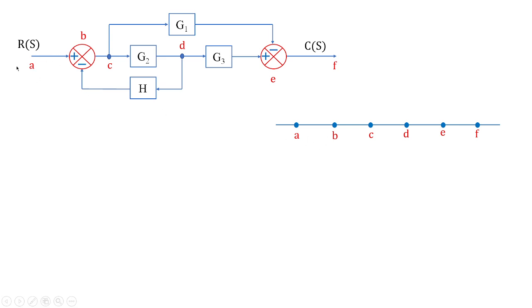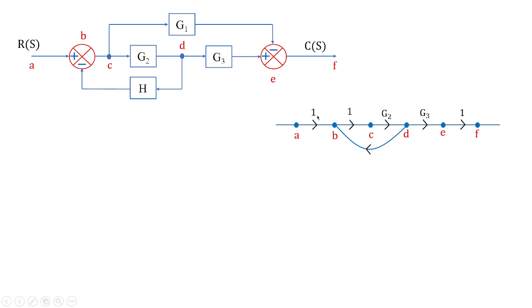First I am identifying the node points from starting to ending, from A to F, and all the branch points and the summing points are given by B, C, D, E between A and F. Then I have a feedback loop of H, and the forward paths given by 1 wherever I have, for suppose from A to B, I don't have any forward path representation, so I'm representing it by 1.